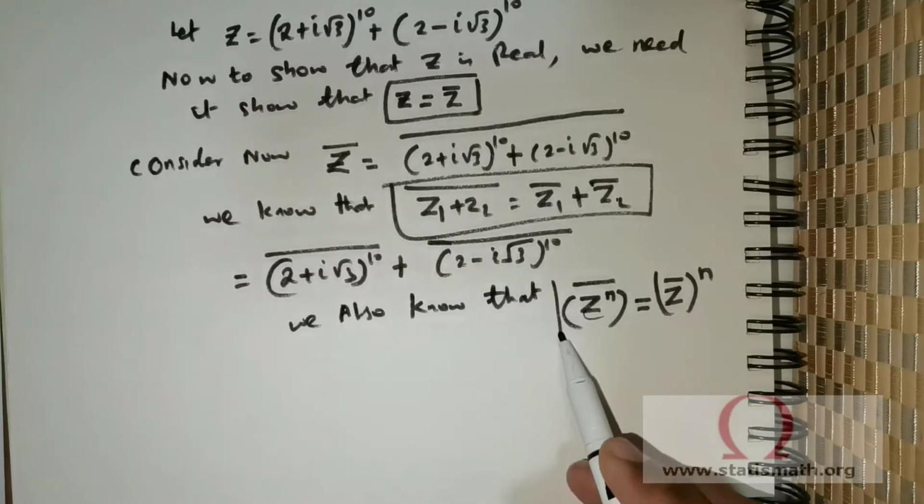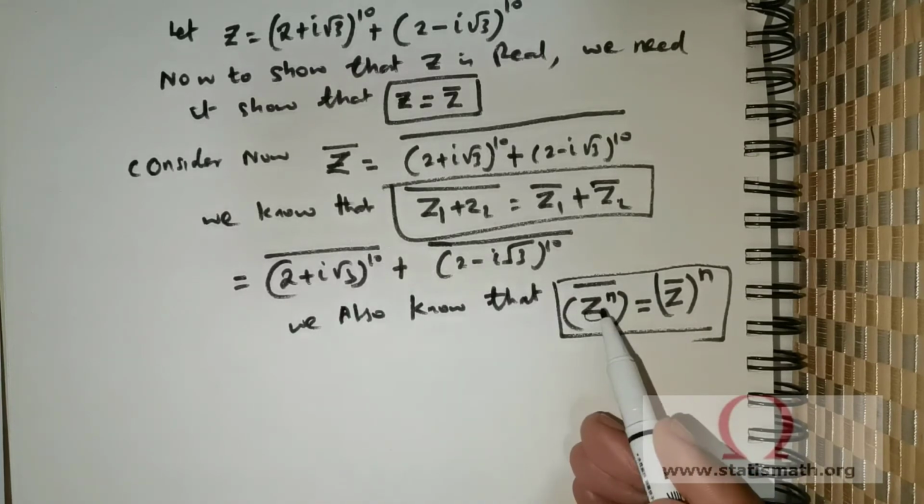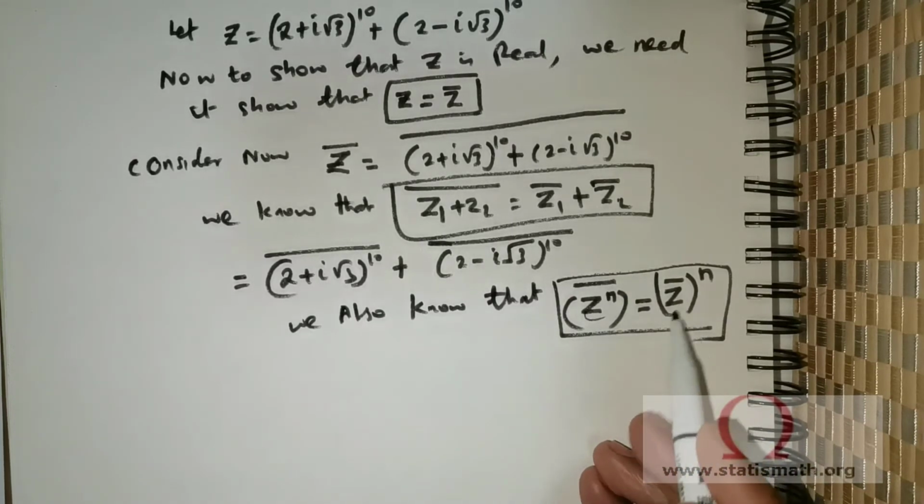So this is a very important result. Because of this, the conjugate and the exponent can be interchanged.